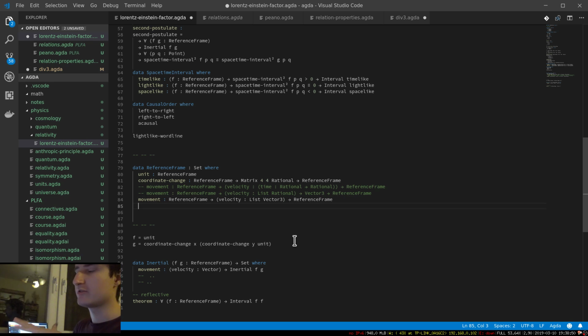Next, we could have angular speed, angular velocity. Given a reference frame, it could be rotating.